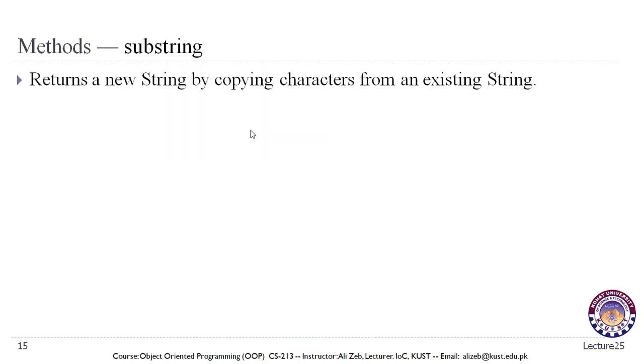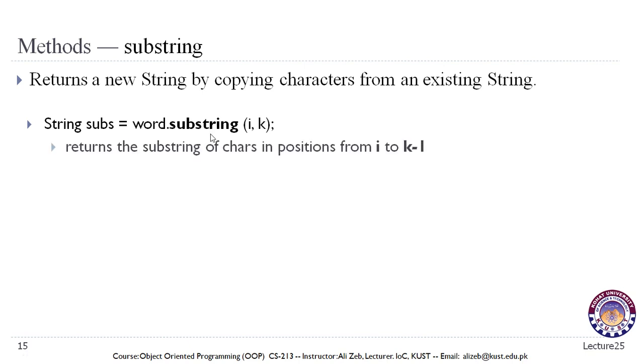The substring method returns a new string by copying characters from an existing string. For example, if we want to copy part of the string, we can do this by using the substring method, which returns a substring of characters from position i to position k minus 1.